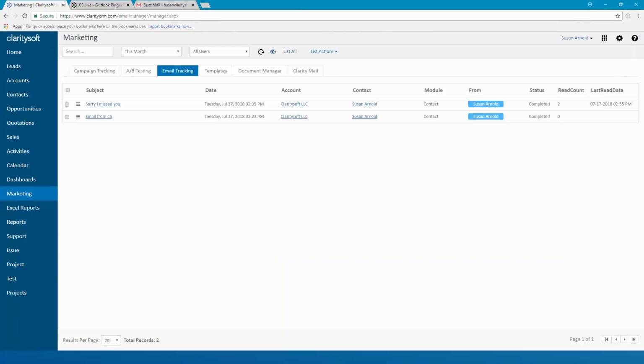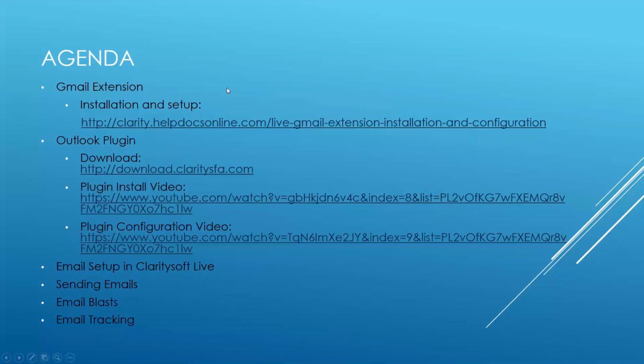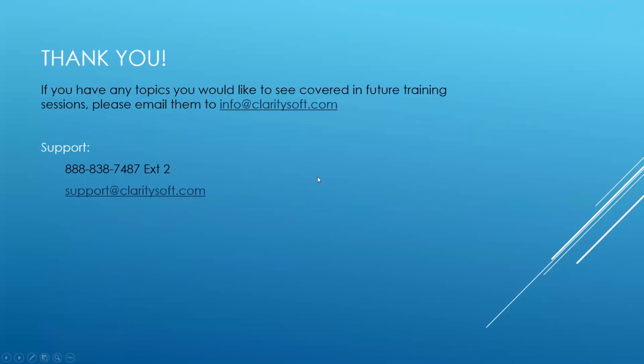So let me go back to my PowerPoint here and just ask for any last questions. Okay, Bets is asking, when you send a blast email, does it automatically copy your Outlook? When you send a blast email that goes out through your Outlook, yes, all of those emails will be in your sent folder.